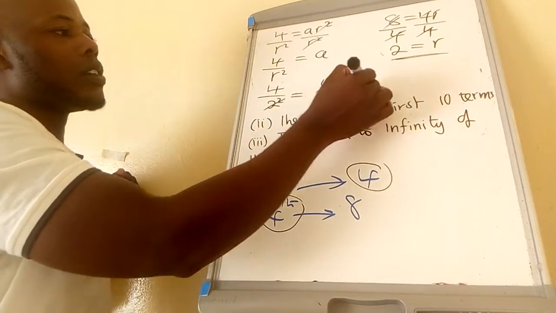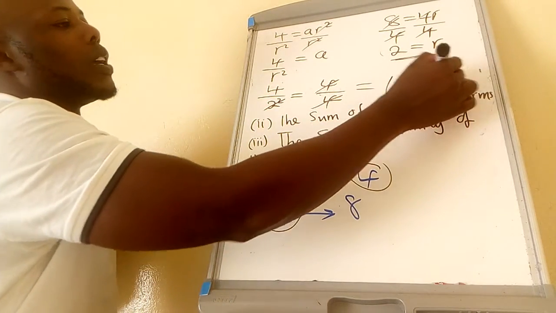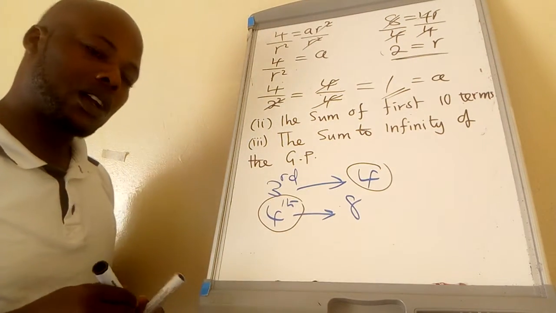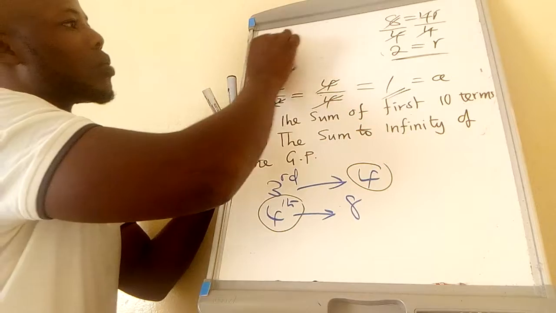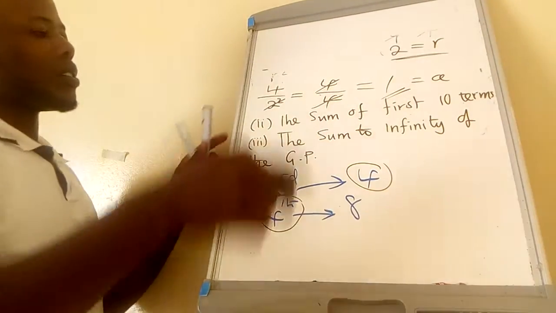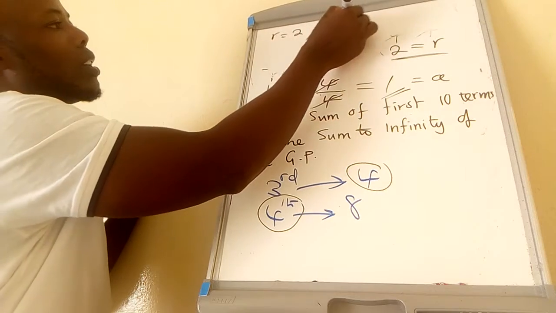When we divide, we find that A is equal to 1. So we have found A and R, and we have answered question 1. Our R is 2 and our A is 1.